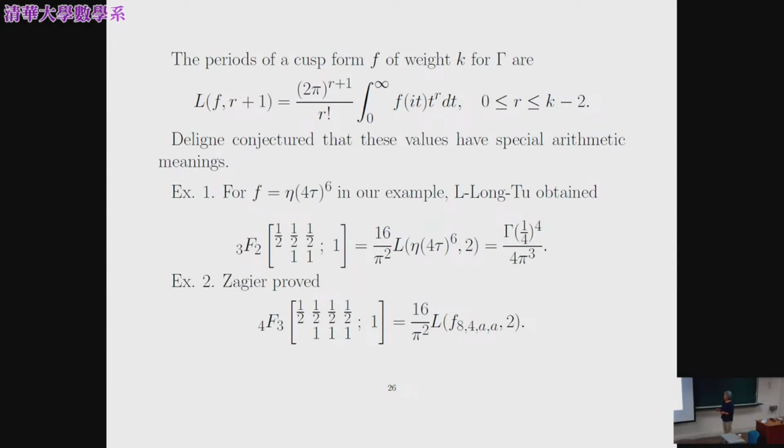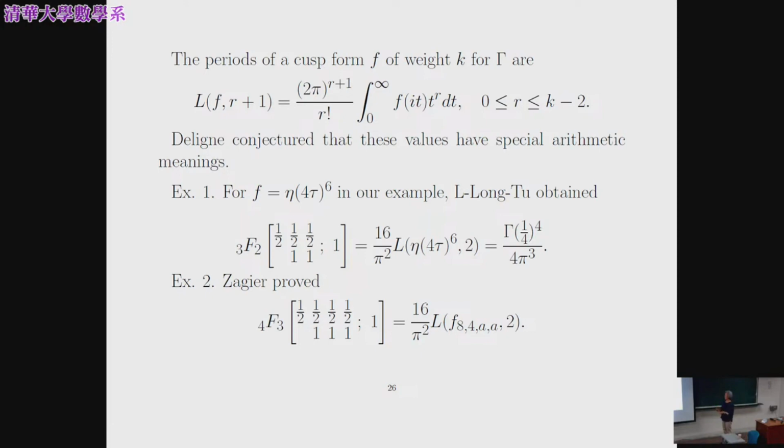And for a modular form, a standard period is that you take this modular form and integrate along the imaginary axis from 0 to infinity, but you also multiply by suitable powers of t, and that exponent runs from 0 to k minus 2 if this form has weight k. In front, we have a suitable normalization.